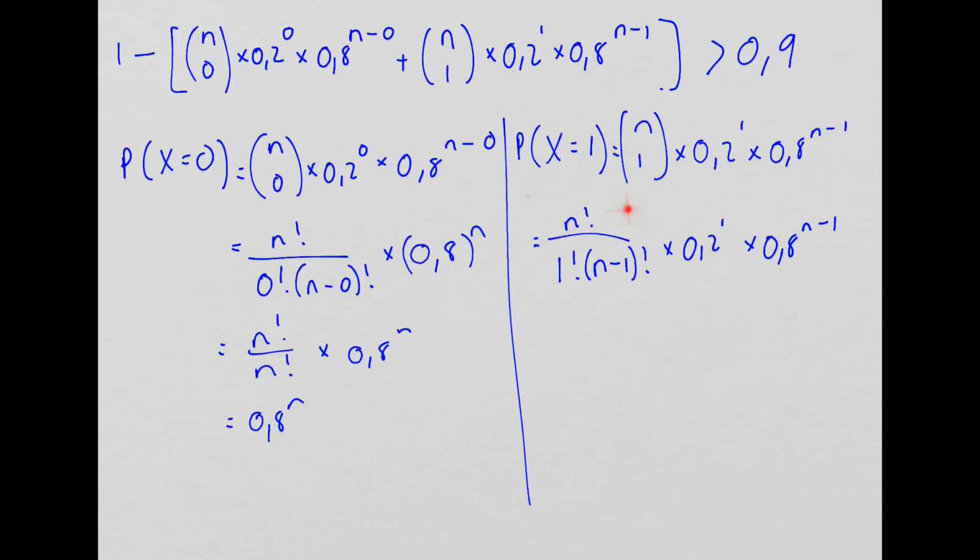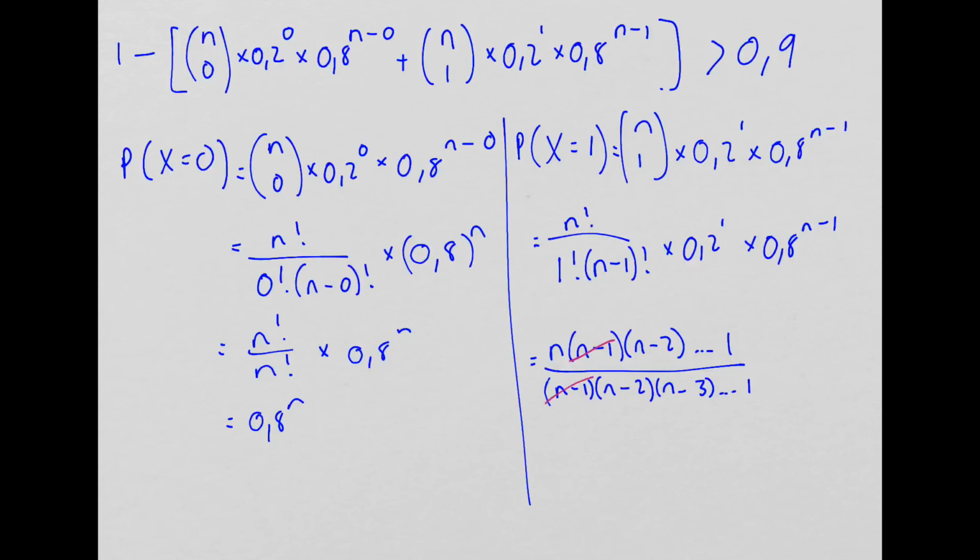Now if we expand just this section, we know that n factorial means n times n minus 1 times n minus 2 and so on until we get to 1. Over 1 factorial, which is just 1, but we have n minus 1 times n minus 2 times n minus 3 and so on all the way to 1. You can see some cancelling happening here.